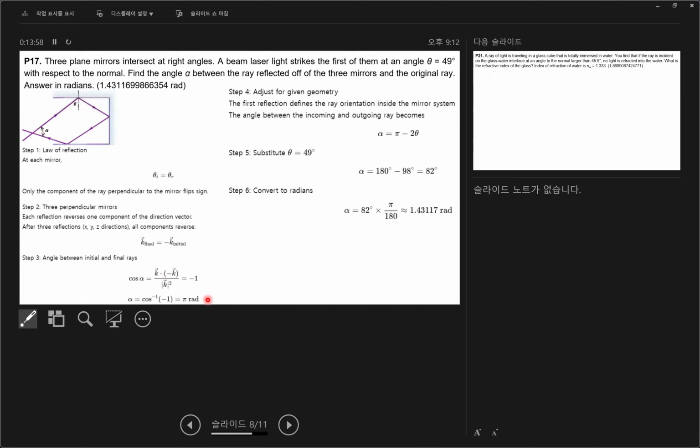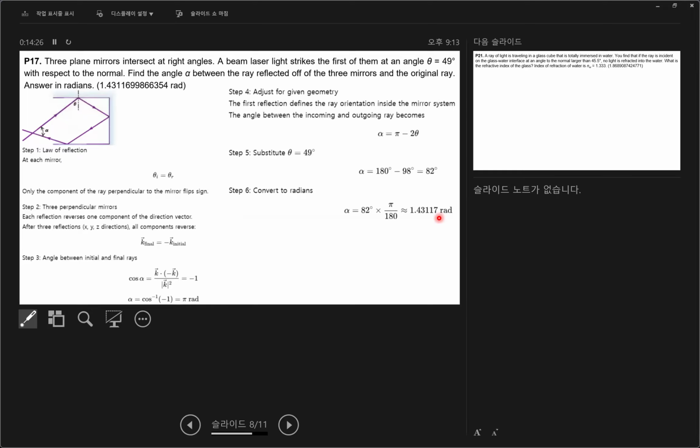And then alpha is actually given by pi minus 2 theta. Theta is known, and then alpha is given by this one. Okay, so it is a kind of geometry problem, but you need to understand what is going to happen.